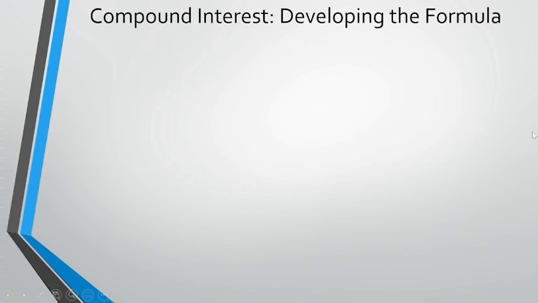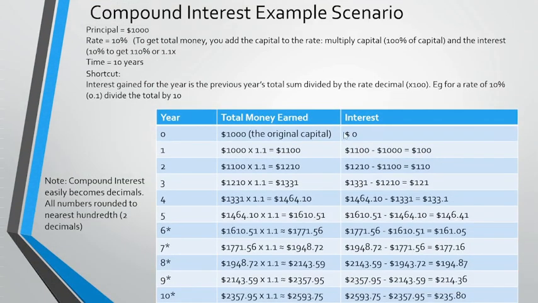So back here, see that? 1,331 is 1,000 times 1.1 to the power of 3. But the total for the previous year, that's year 2, is 1,000 times 1.1 to the power of 2.